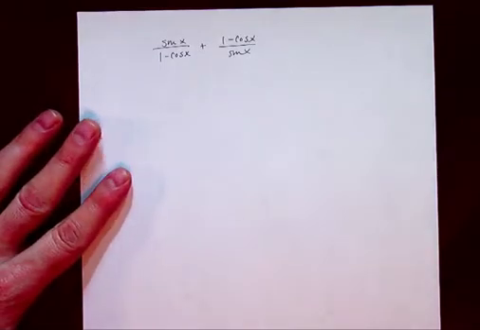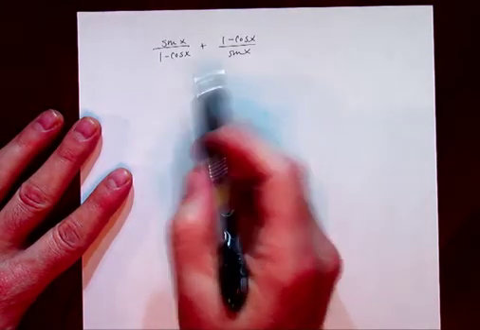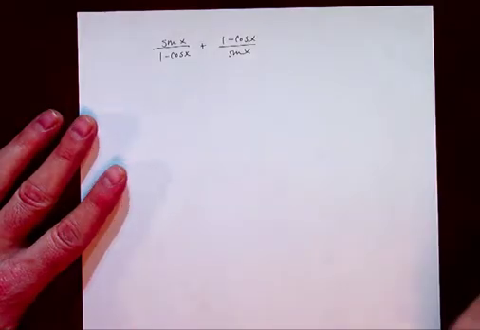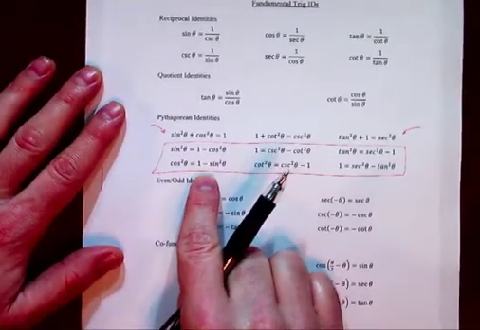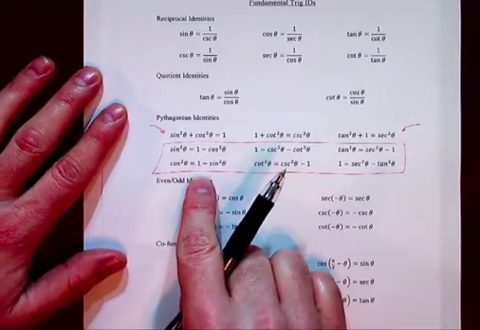I digress. Now, in the original one that we just did, we basically multiplied each one by the denominator of the other over itself, which is a perfectly legitimate way to do this. But remember that I need to not only know these, I need to be able to employ these strategically.